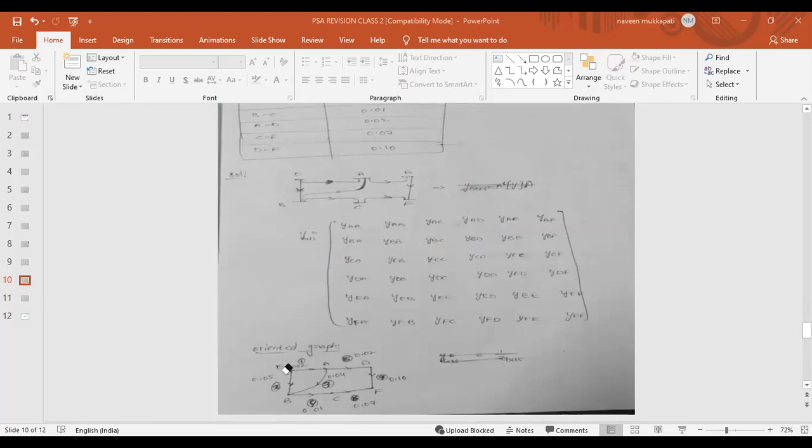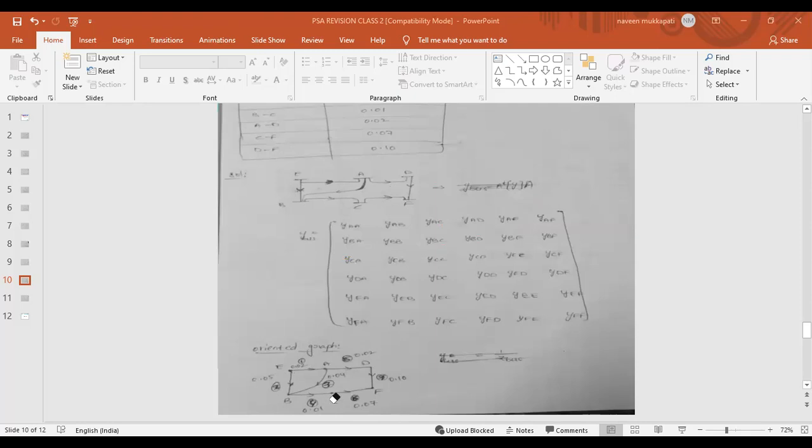First, we mark the nodes E, B, A, C, D, F. Next, we draw the oriented graph by using this single line diagram and mark the elements, element 1 to element 7.